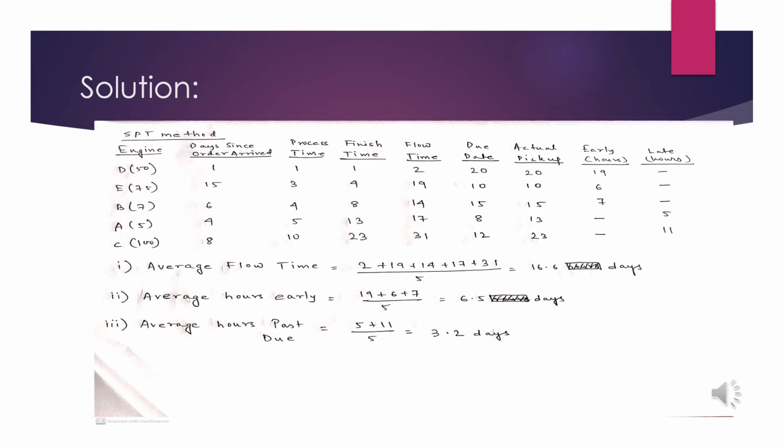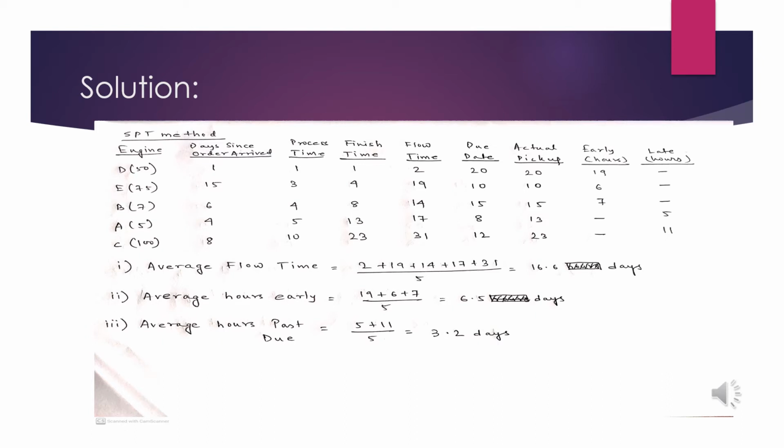B will then start at 4, the processing time is 4, the finish time is 8, the days since order arrived is 6, so the flow time will be 6 plus 8, 14.